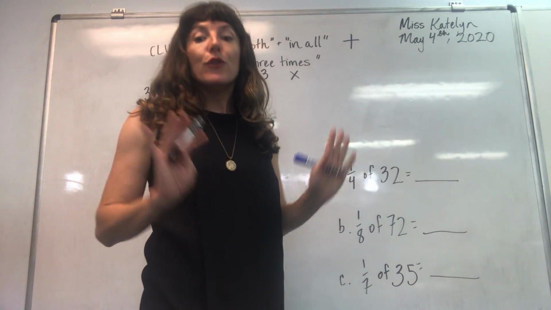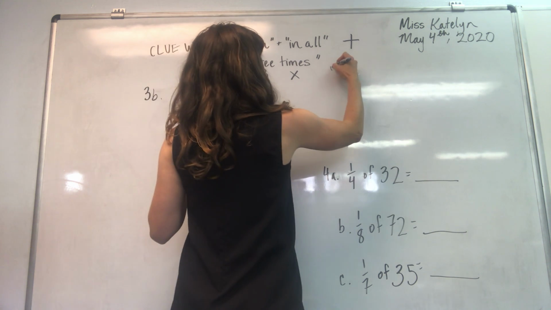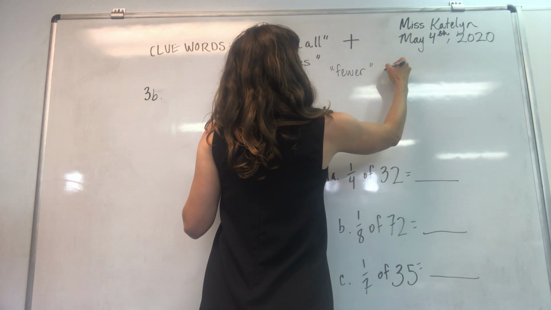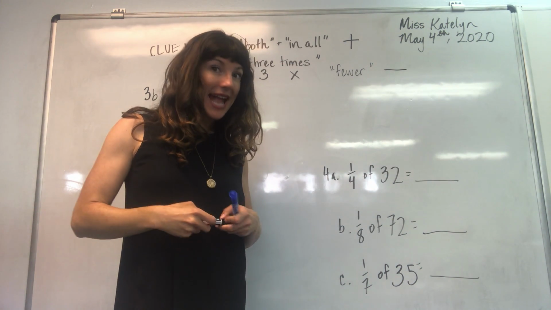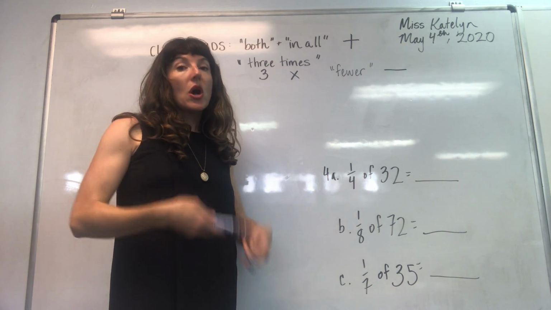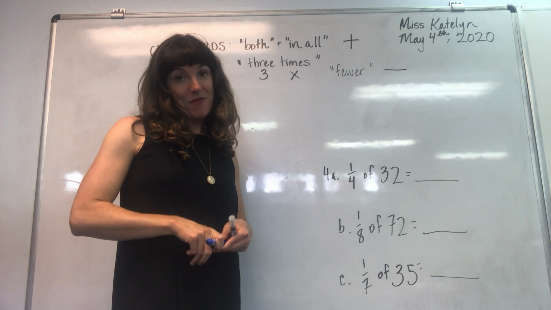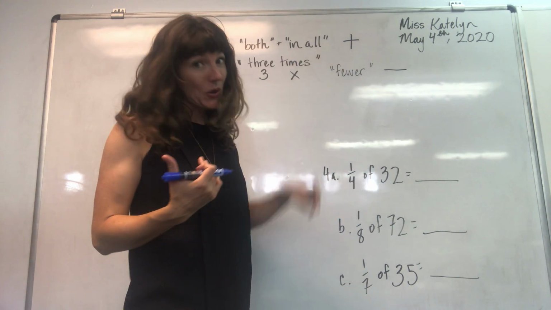And now, fewer. Fewer is a clue word that tells you to subtract. Okay? So, they want to know all the pies, so let's label all the kinds of pies in our final addition equation.